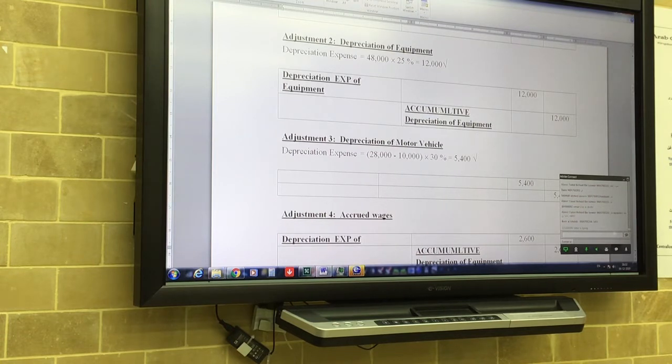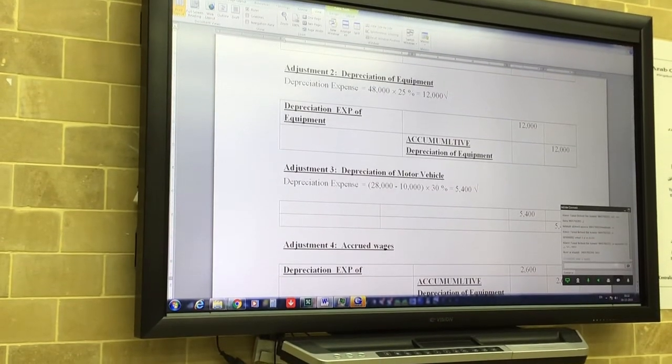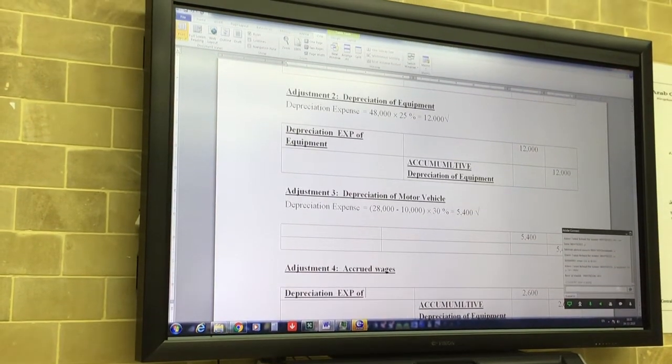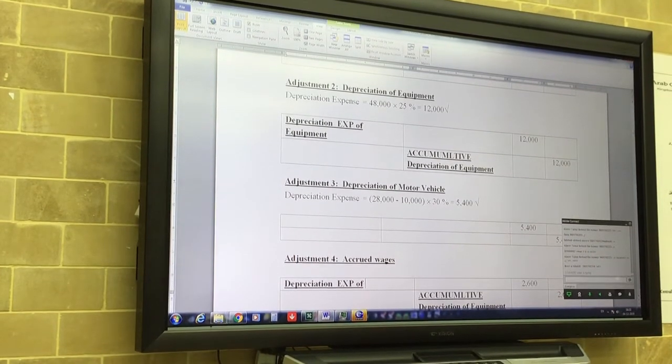It depends on the kind of assets, because for some assets the useful life will be 3 years, for some 5 years. It depends on the assets. For trucks or small cars, or for equipment, for example, it is traditional: 3 years in Saudi or other countries.